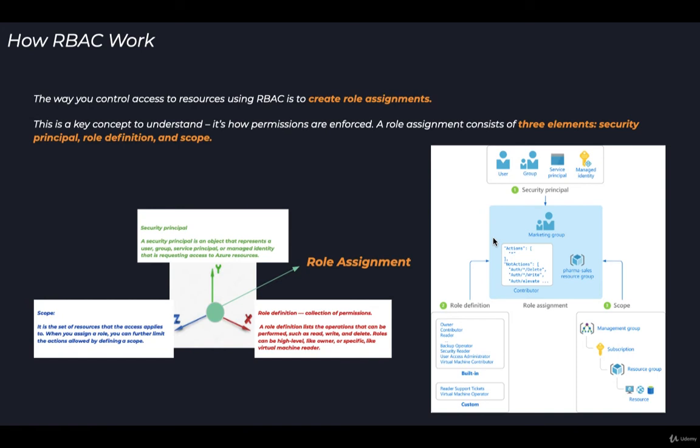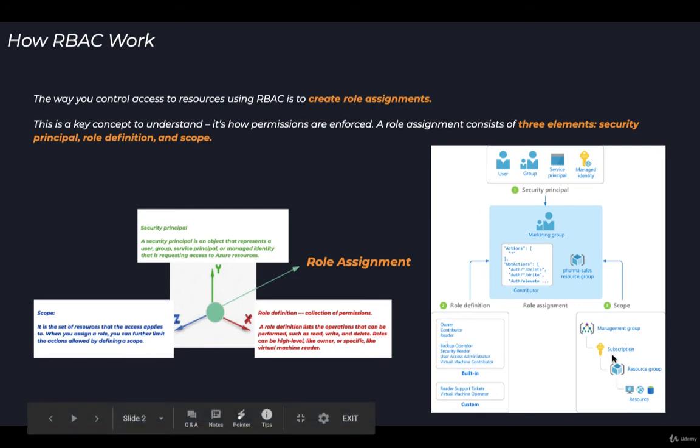The third thing we need in RBAC is the scope, meaning what resources that particular security principal can access. This marketing group, what all resources can it access? The scope is the pharma sales resource group. Under scope we can think of a management group or subscription, but here we are providing access to the particular pharma sales resource group.